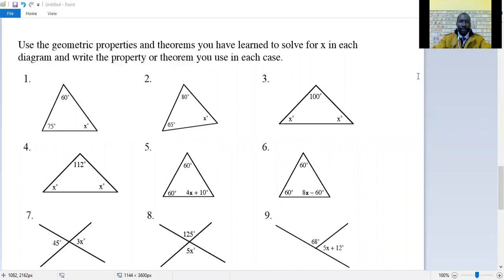In one previous video about triangles, we discussed how triangles can be described, the properties of triangles, and how we can apply those different properties.